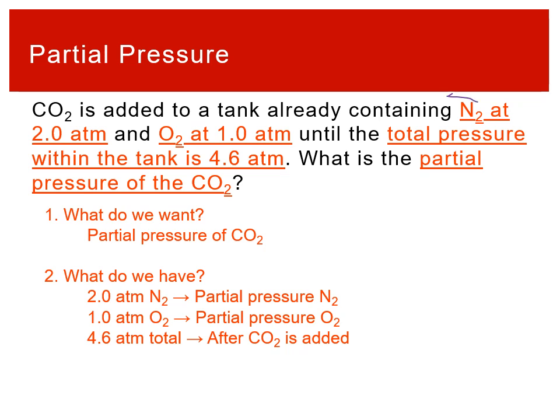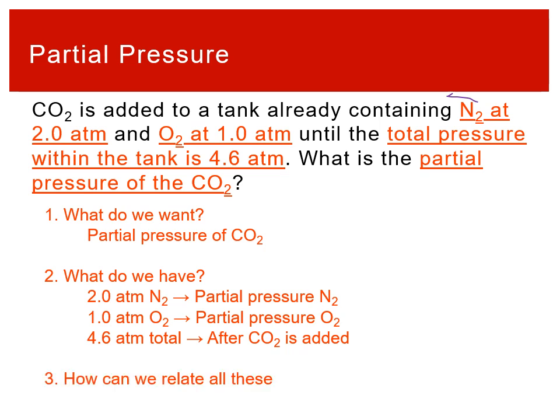But whenever you have a specific type of gas at a particular pressure, that is a partial pressure associated with that type of gas in the mixture that you're looking at. And then the 4.6 atmospheres, that's after the CO2 is added. So that's the total pressure of the entire mixture, of the N2 and O2 you started with, plus the CO2 that you're adding. So we've got a lot of partial pressures.